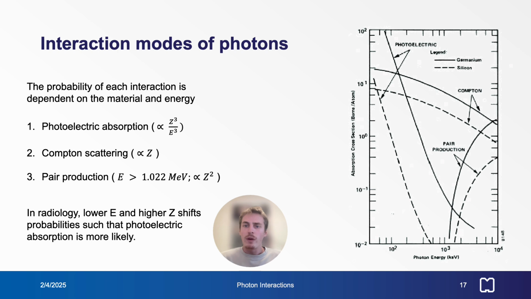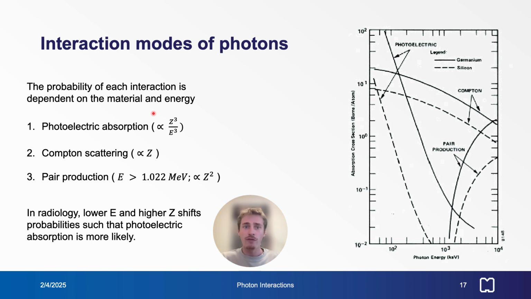Now, we've covered a variety of different interaction processes, but if we take a step back and recall, we have photoelectric absorption, we have Compton scattering, and pair production as our three most important interactions. Now, the probability of each interaction is dependent on both the material being traversed and the energy of incident photons.